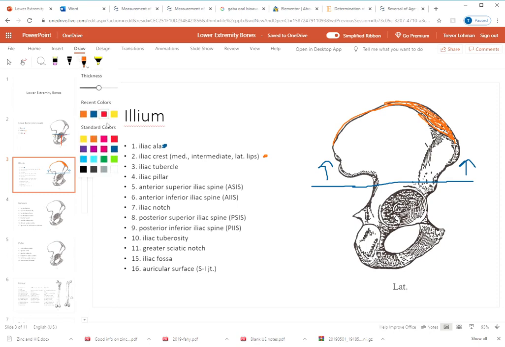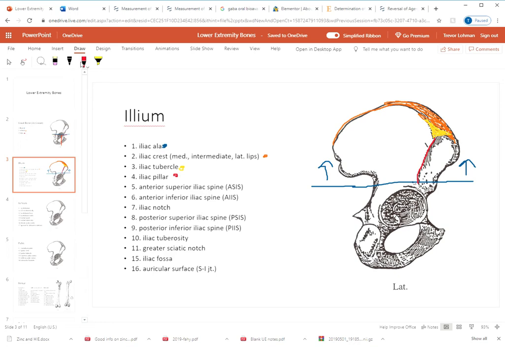Okay, the next two structures here are the iliac tubercle. The iliac tubercle is right here. It's a part of this little swelling of the iliac crest right there. And the iliac pillar is right below that here. Iliac pillar.